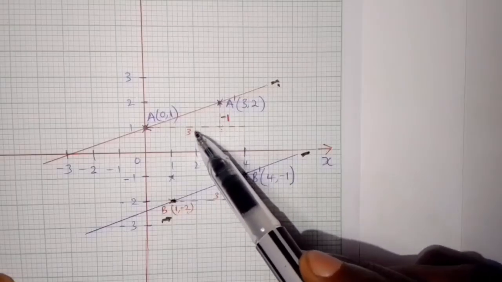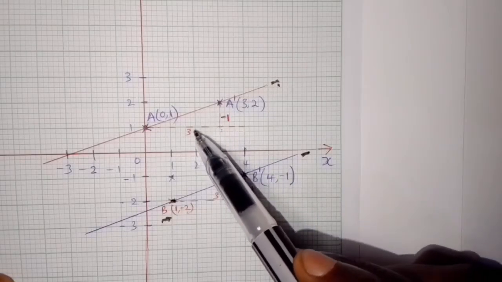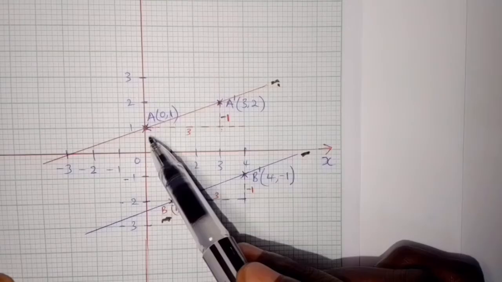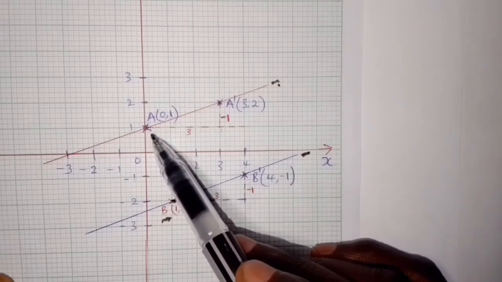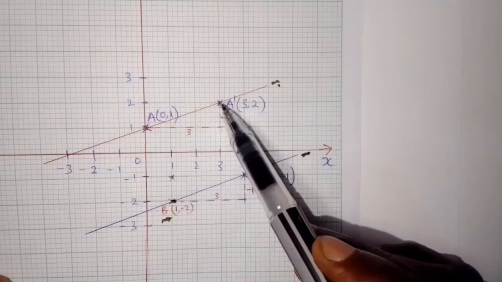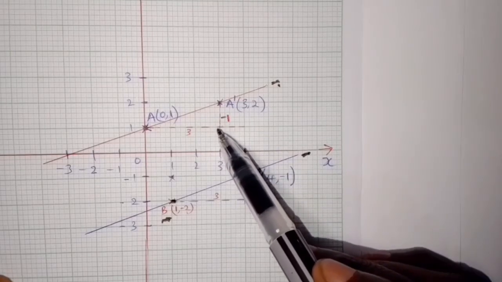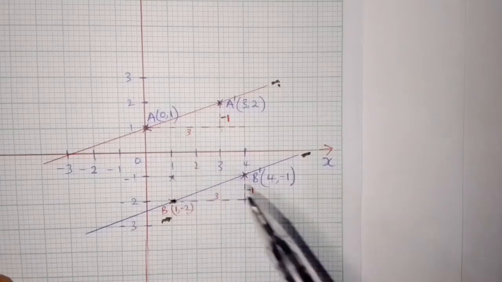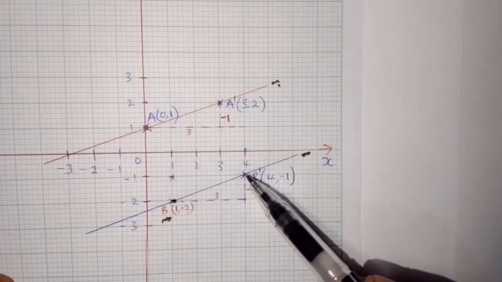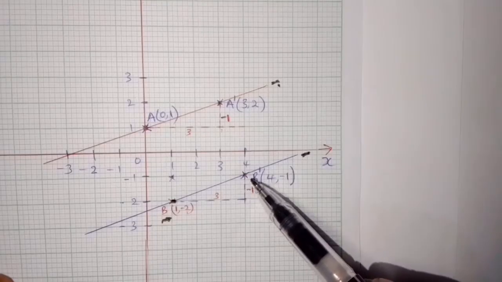So that is 3 here. 1, 2, 3 is making us end at this point A. So we move down by 1, we move 3 horizontally, then we get A. So we are going to apply that also here because it is the same translation.